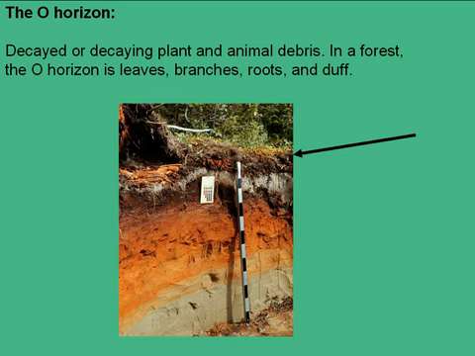The duff layer has very distinguishable characteristics of what it is that's decomposing, whereas the humus layer is kind of indistinguishable organic matter. So those are the two layers involved in the O horizon. But for simplicity's sake, just know that top layer of organic material is called the O horizon.